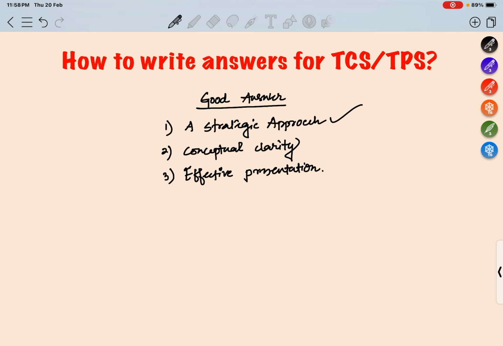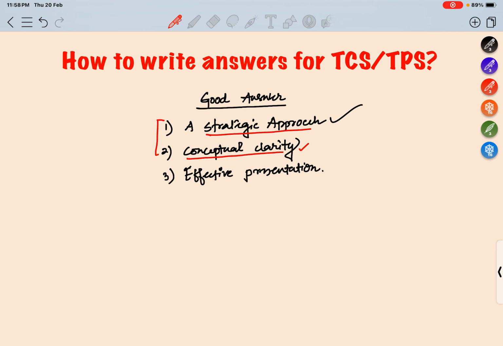Next, a good answer must have conceptual clarity, because if the student doesn't have that conceptual clarity, then he cannot structure the answer. To structure that answer, one has to have conceptual clarity of that particular topic. After having these two things, strategic approach and conceptual clarity, one must have good presentation on the paper on the day of examination.